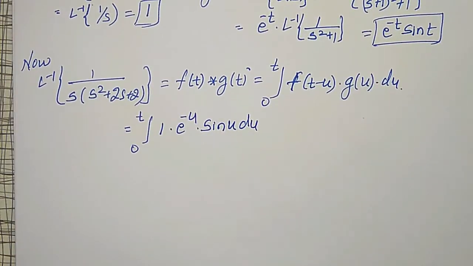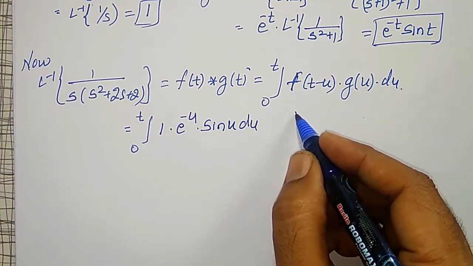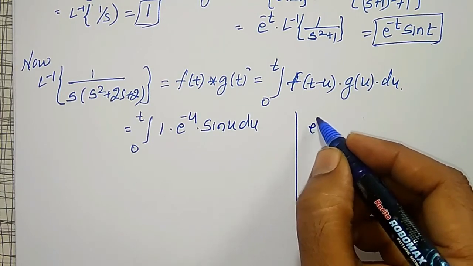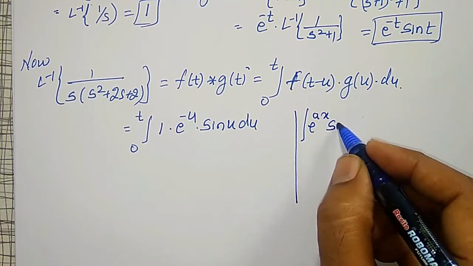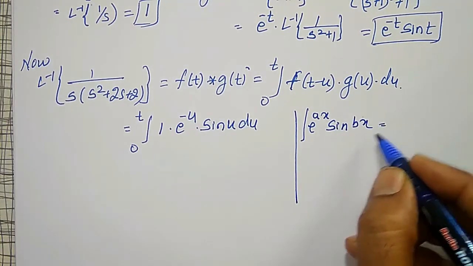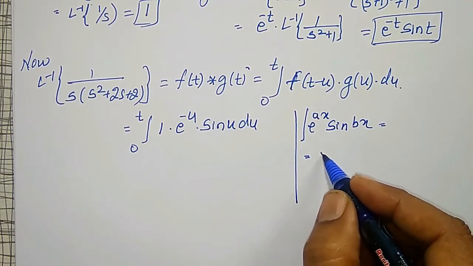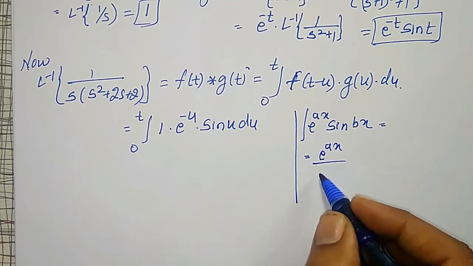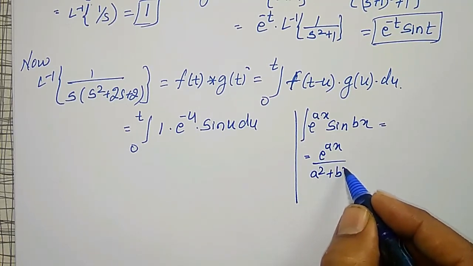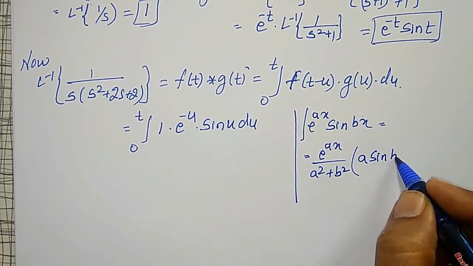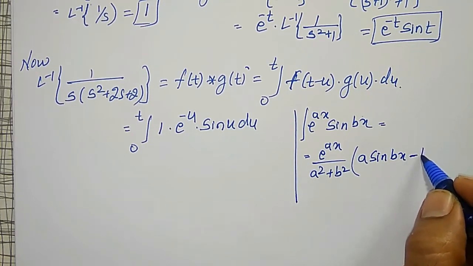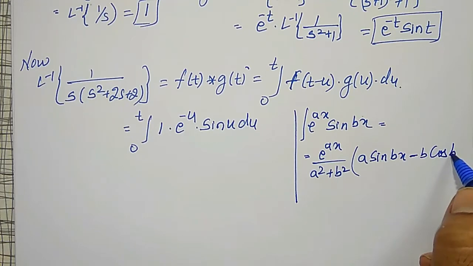To integrate this one, I can use the formula: integration of e to the power ax into sine bx. Formula I can use, that is given by e to the power ax divided by a square plus b square into a sine bx minus b cos bx.